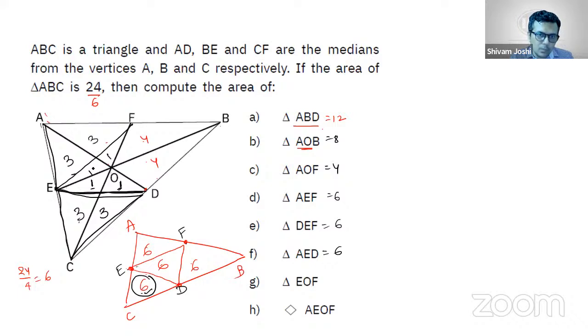This is also 3 and 1. So now on the basis of this, I can answer EOF. That is 1 plus 1, 2. And finally, AEOF. That is 4 plus 4, 8.